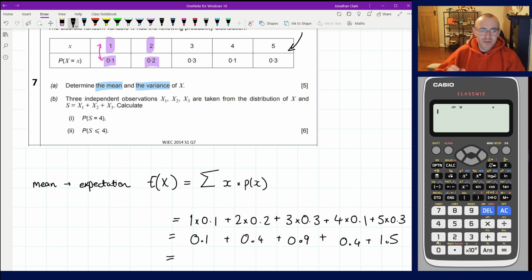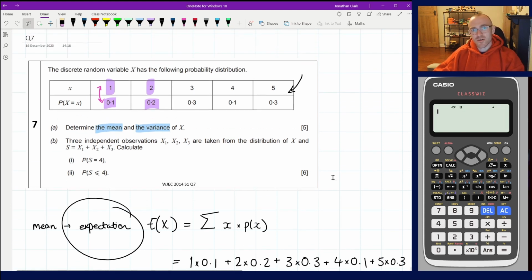Something to keep in mind with the expectation, it's literally, on average, what value do you expect to get, right? So I know that you can score values between 1 and 5. So the expectation should be a number between 1 and 5, probably towards the middle, maybe slightly on the higher end because the probabilities of 5 and 3 are a little bit more likely.